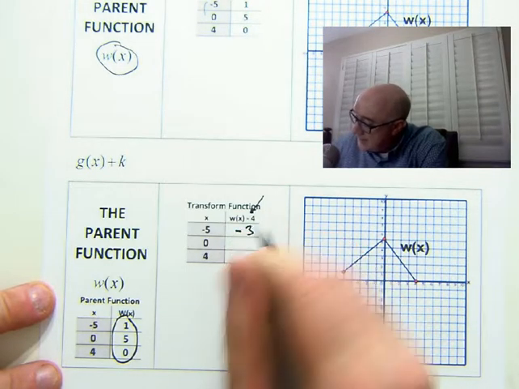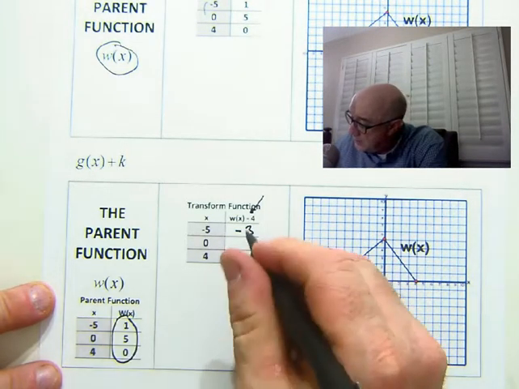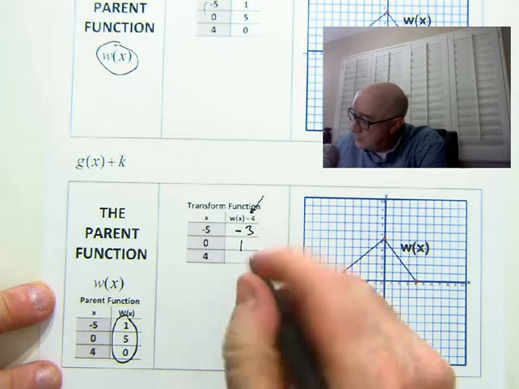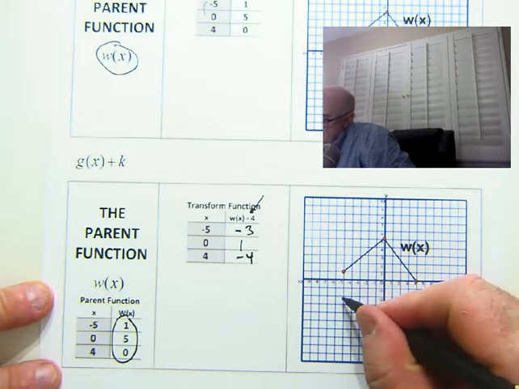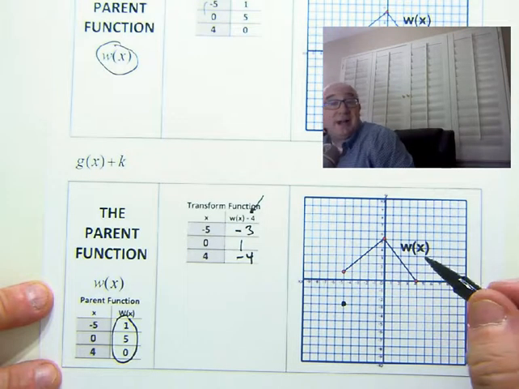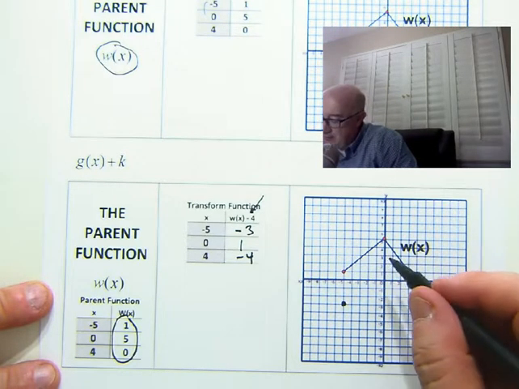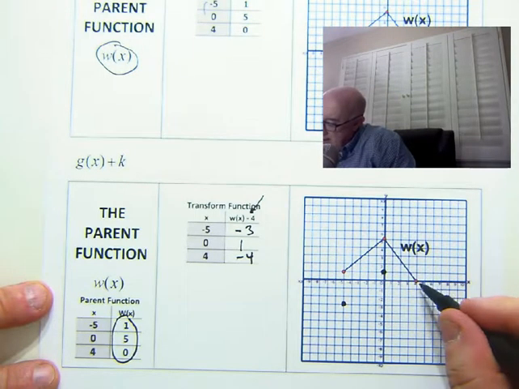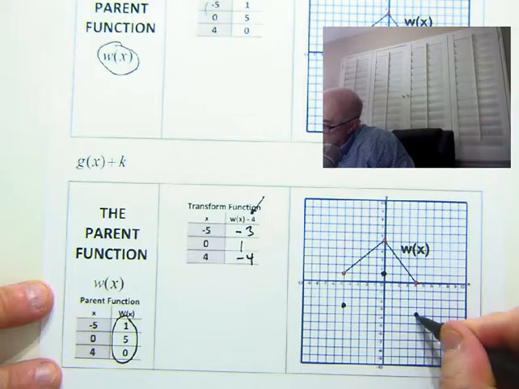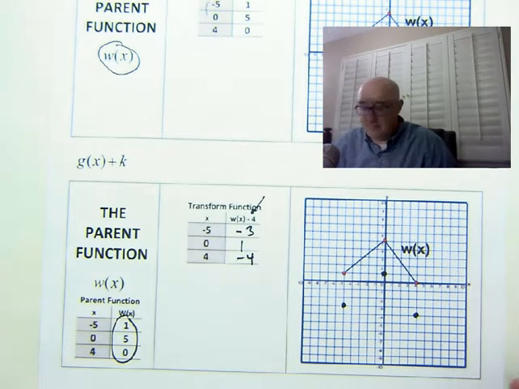So this one would be at -3, this one would be at 1, and this one would be at -4. And if you plot that, here we would be at -5 and -3. Here, if you drop 4, you're at 0 and 1. And here, if you drop 4, you are here at 4 and -4.